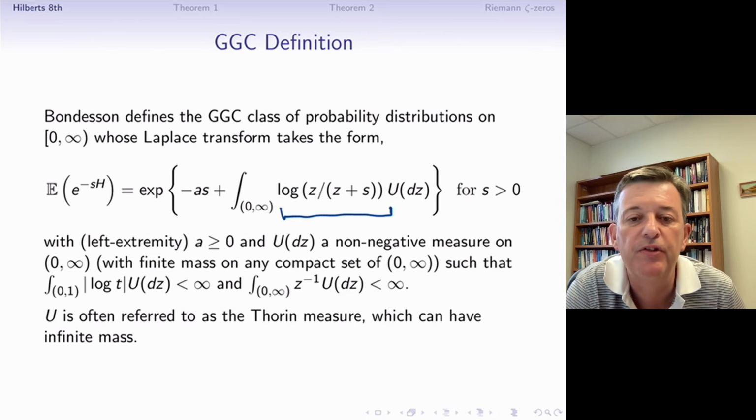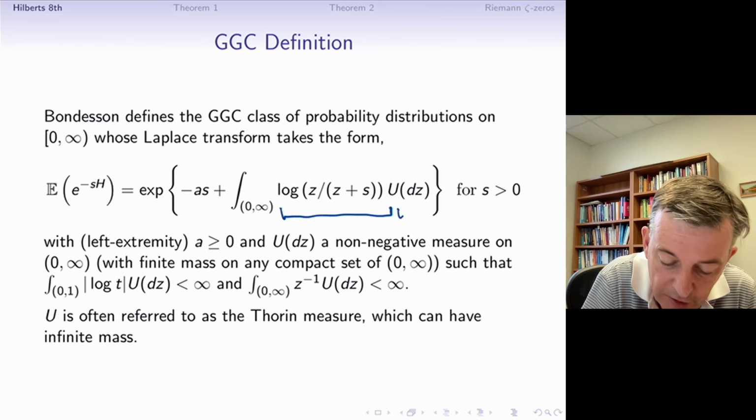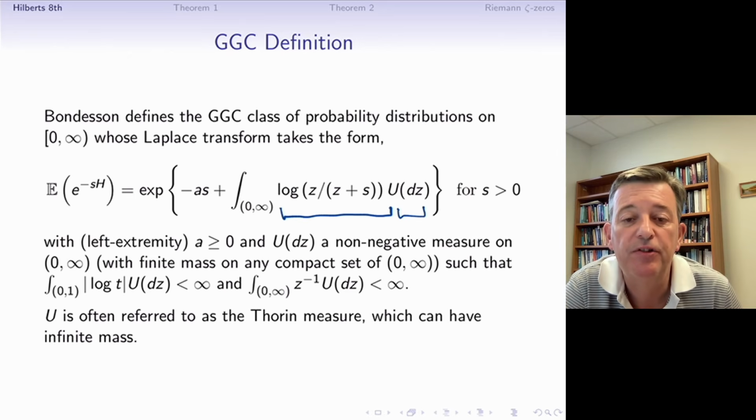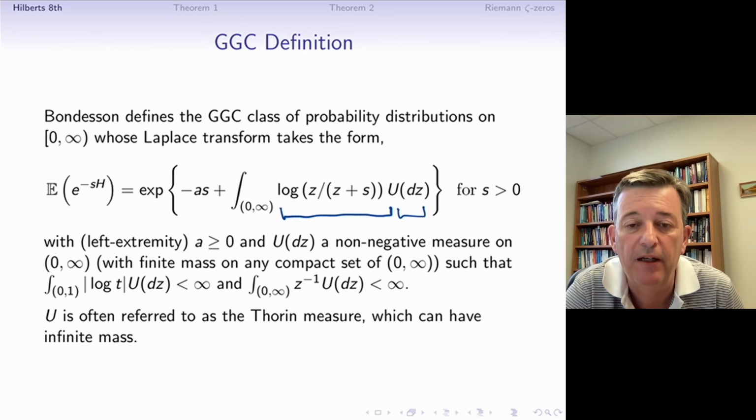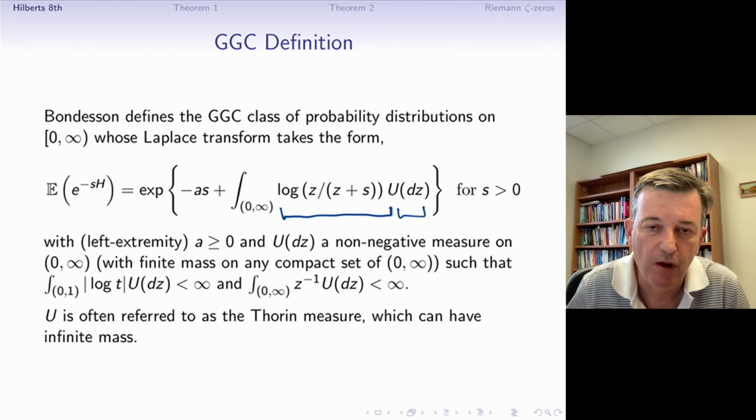Remember that log of z over z plus s can be written in Frullani form with respect to a Thorin measure U. So it's a special case of a Levy-Khinchin formula where the Levy measure is essentially written as a completely monotone function, i.e. the expected value of e to the minus tz over the variable t. So it's a very special case of a Levy distribution with a completely monotone Levy measure.